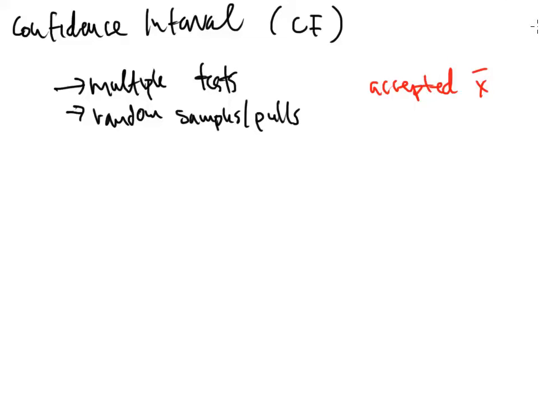And this is something that I just know because I've done this test so many times over so many months or over so many years that I kind of get a good idea of the average lifetime of this bulb. Okay, well, we call that accepted because this is nowhere near the true average.